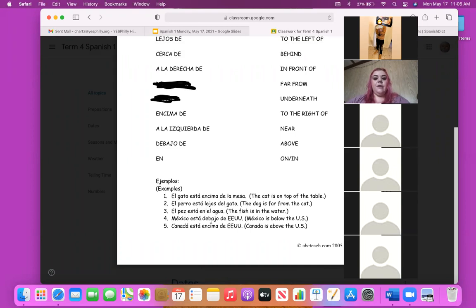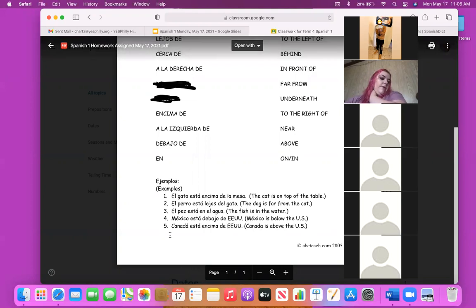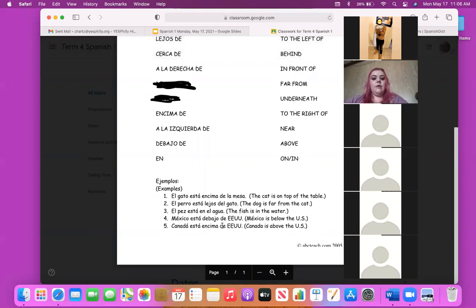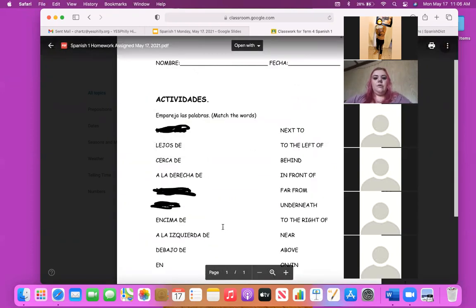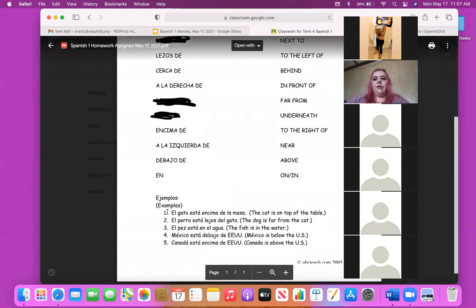Mexico está debajo de los Estados Unidos. EEUU is how they abbreviate the United States in Spanish. So Mexico is under the United States. And another one, Canada está encima de Estados Unidos. Canada is above or on top of the US, same thing. You don't have to do anything with these. I just wanted to go over them.